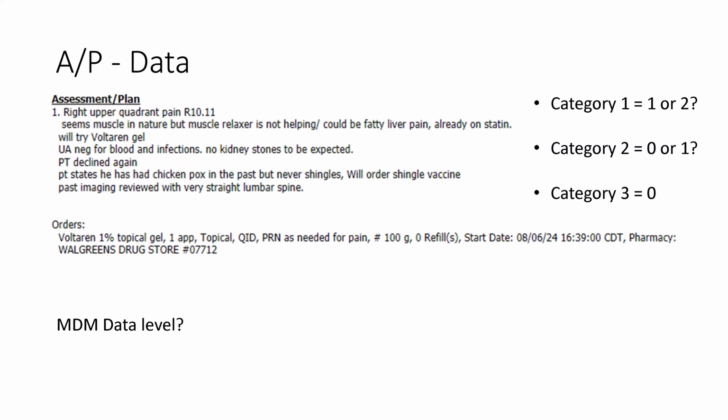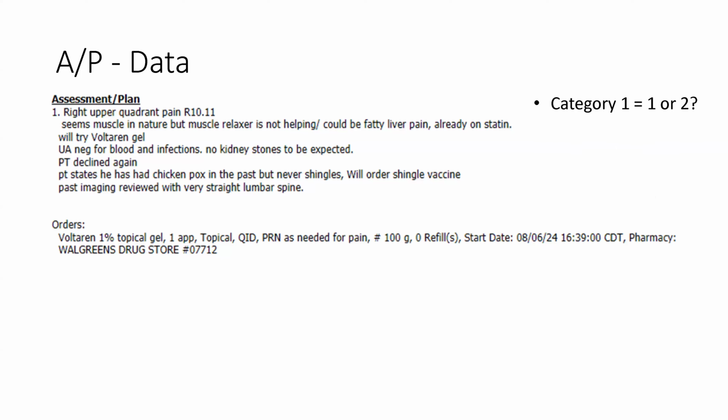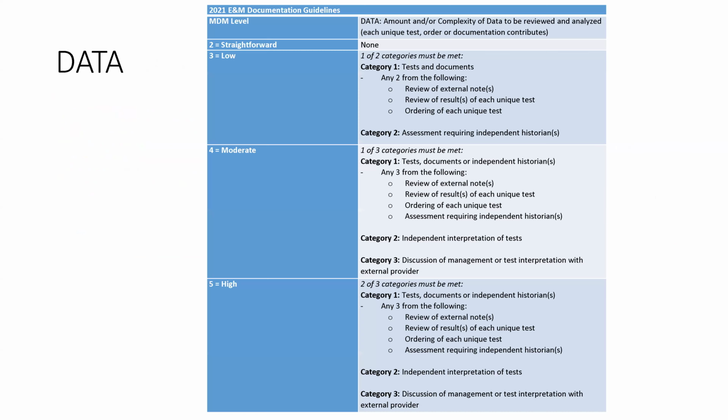Data level here is 2. Well, maybe that's supposed to be a level 3. I don't see 2 here. I don't see 3 here. Well, you've got to have 2 to get level 3 in category 1, right? So level 3 is 2 from the following.